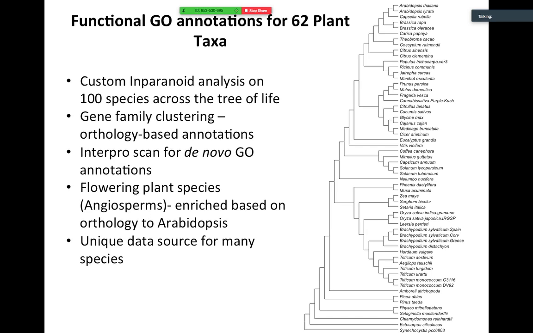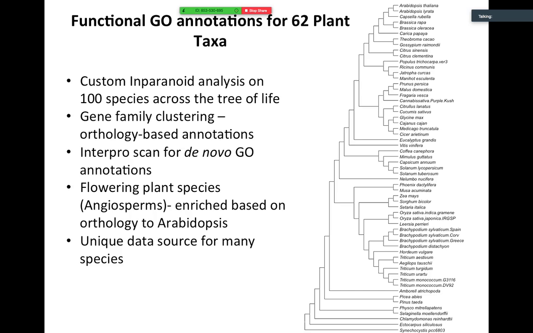And this is performed using a gene family clustering based on orthology, and then an InterProScan for de novo GO annotations as well. And in our flowering plant species in the Planteome, those have been enriched based on orthology to Arabidopsis, which was characterized by TAIR and GO.